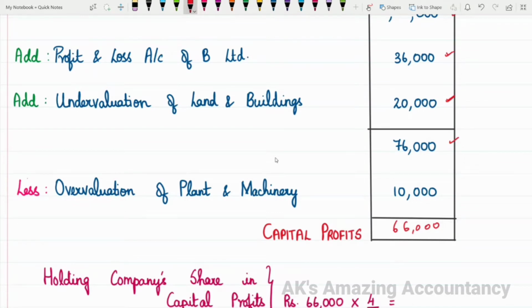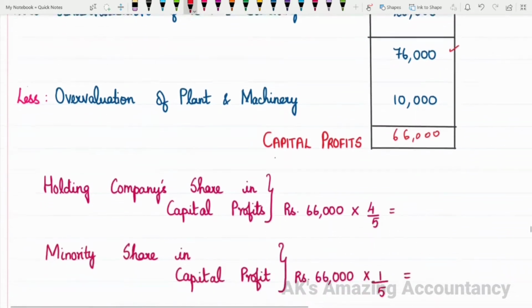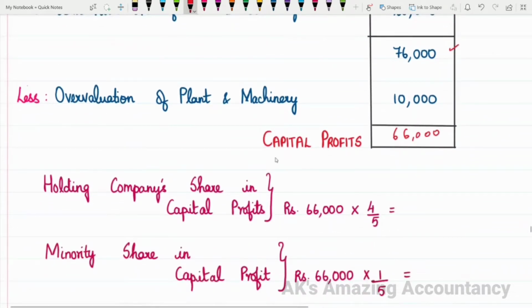So as usual, after calculating capital profit, what are we supposed to do? We have to divide this capital profit between the holding company and the minorities by applying the holding minority ratio. So what is the holding minority ratio as per our calculation? The holding minority ratio is 4:1.